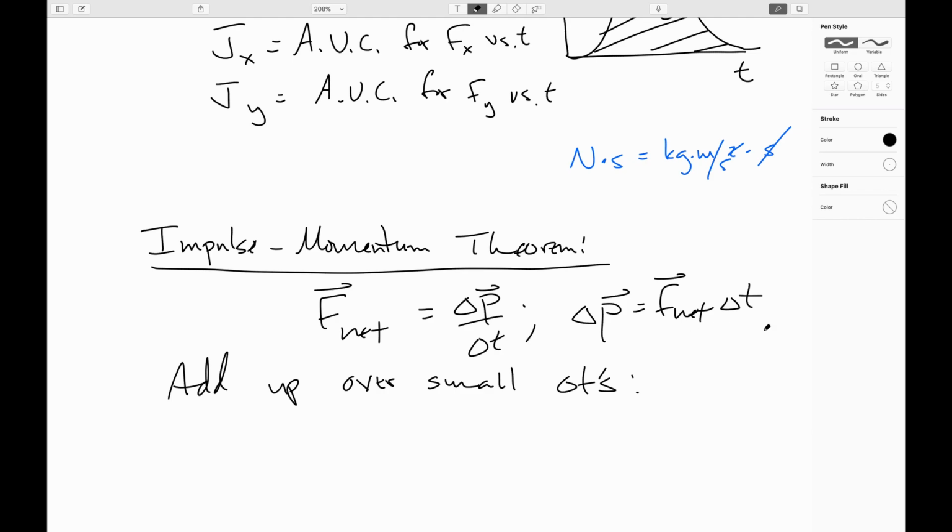What we get is this thing on the right is the impulse, and then we're left with the change in momentum. So this gets called the Impulse-Momentum Theorem.